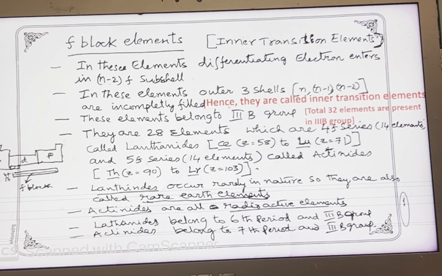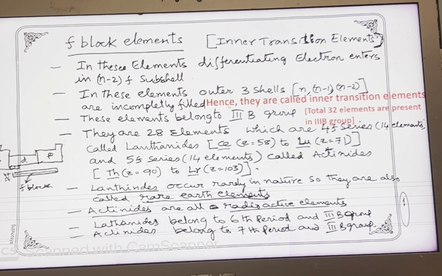If the differentiating electron enters the f subshell of the anti-penultimate shell, then that element belongs to the f block.